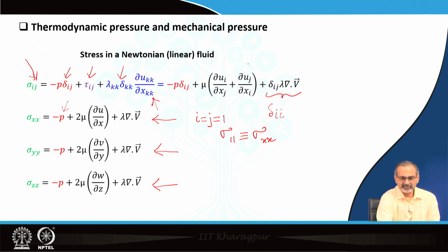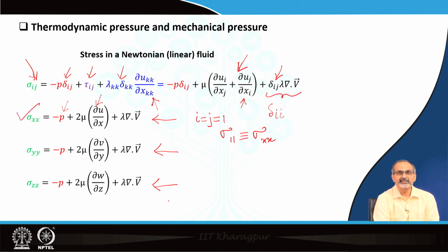As far as the tau ij expression is concerned, i equal to j equal to 1 would mean that you have a del u del x in the first term. You would also have the same in the second term, and therefore you have 2 mu del u del x here. Then you again have the Kronecker delta going to a value of 1 times lambda times the divergence of the velocity. Therefore, this is the expression you get for sigma xx.